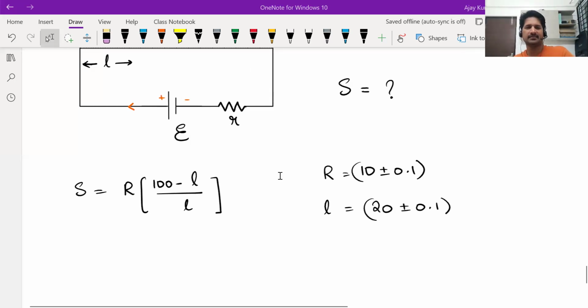Any answer? How to report the unknown resistance S along with the uncertainty in measurement?